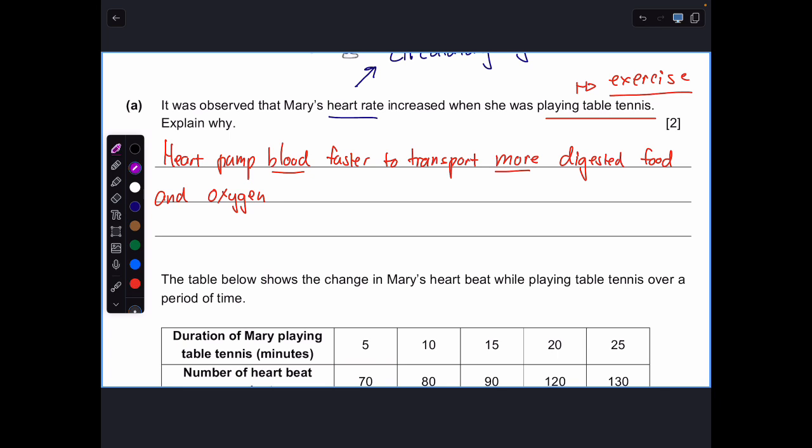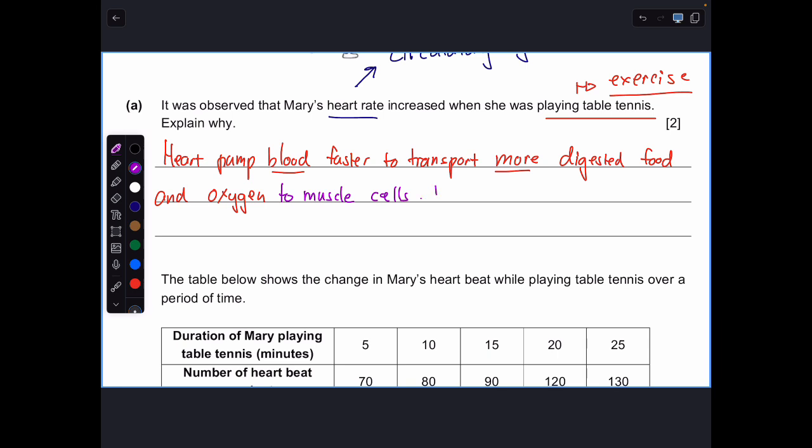Please don't keep telling me to the rest of the body, to her body. She is playing tennis. So the main idea is it's an exercise, so it will be to muscle cells. Okay, why do you want to do that?